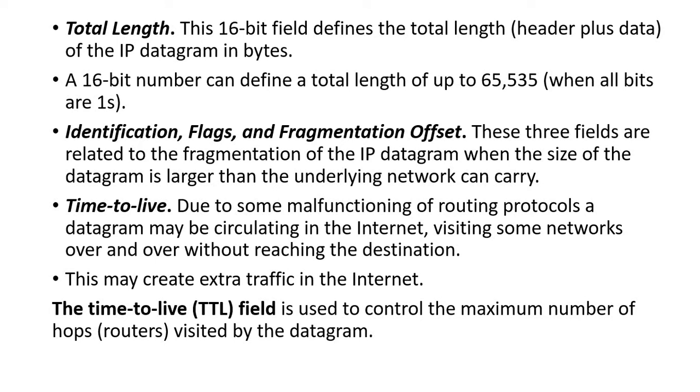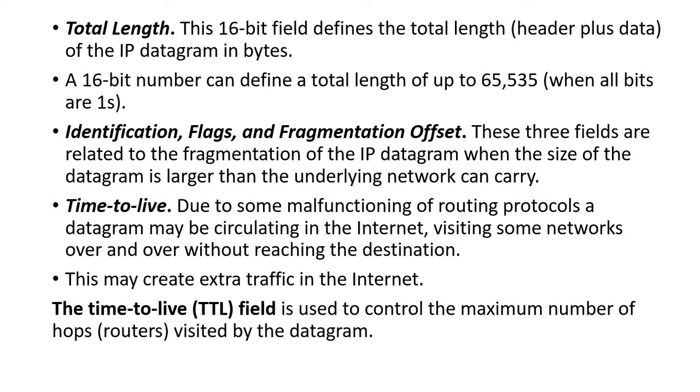Also, along with this, it has identification, flags, and fragmentation offset, and these fields are related to the fragmentation of the IP datagram because it is of variable length. Some will be smaller, some larger. Then there is the time to live, and that field is very important while the datagram moves from the sender side to the receiver side.